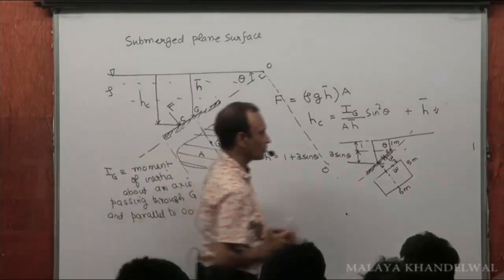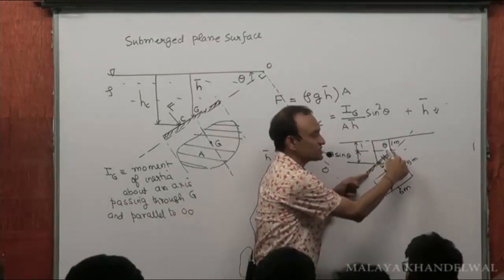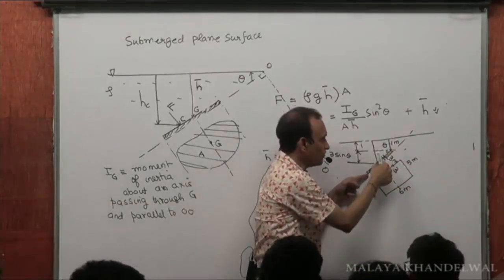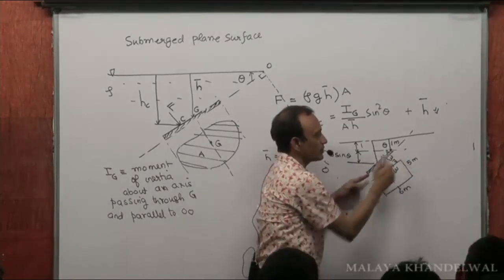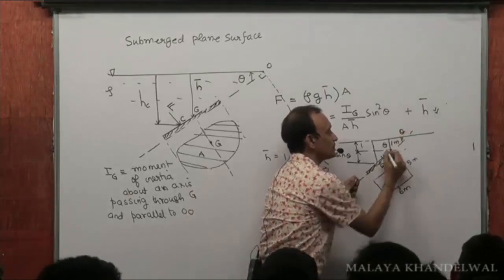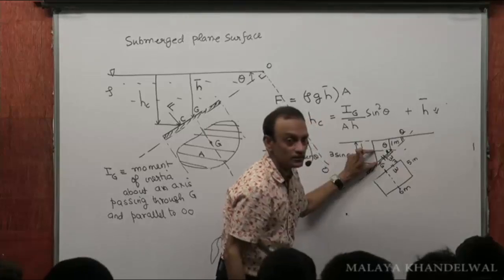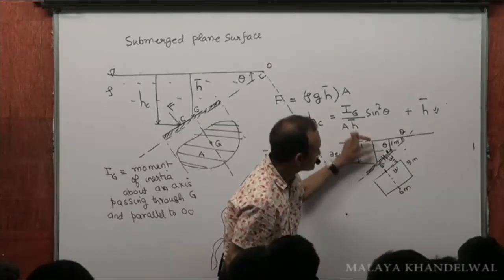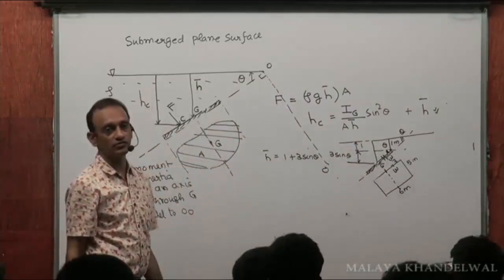See, when you view from here, you see a rectangle. This is 6 meters. So halfway down, you locate the center of gravity G here, 3 meters. Now this angle is theta. This is also theta. So this length is going to be 3 sine theta plus 1. That's the depth of the center of gravity: 1 meter plus 3 sine theta.